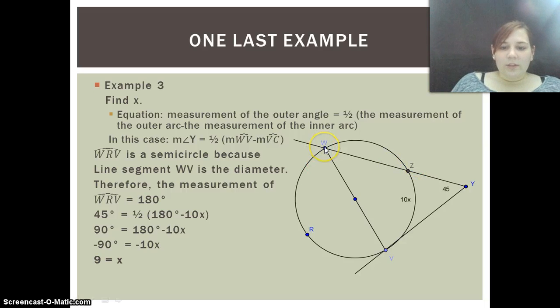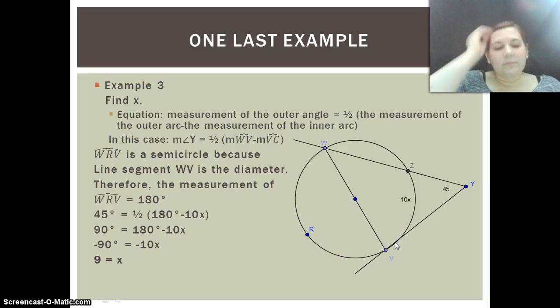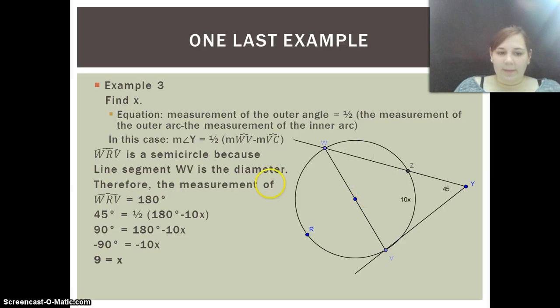First, we know that WRV right here is a semicircle because the line segment WV is the diameter. Therefore, the measurement of arc WRV is 180 degrees. So we now have all of our numbers to plug in.